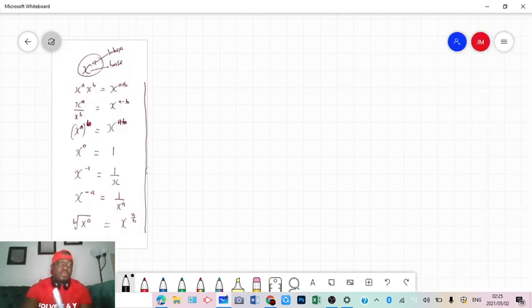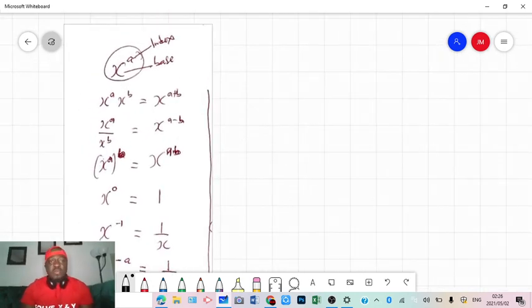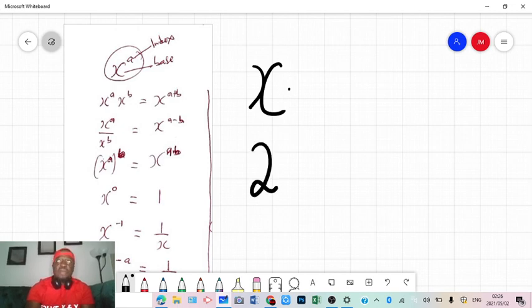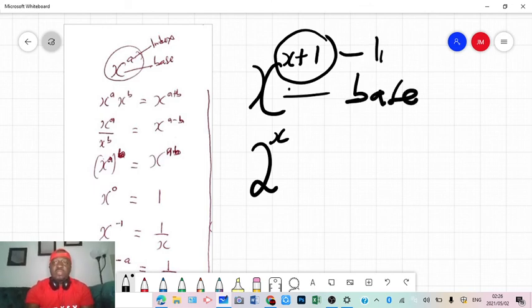Alright guys, we will first look into the laws that we studied in grade 9. Exponential laws. Obviously we need to know what an exponent is. When I have a letter or a number, be it an expression, a variable, one term, whatever is given, that has something on top of it, this is your base and this is your index or exponent.